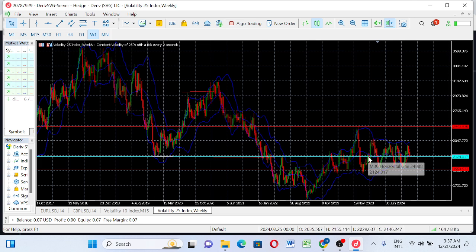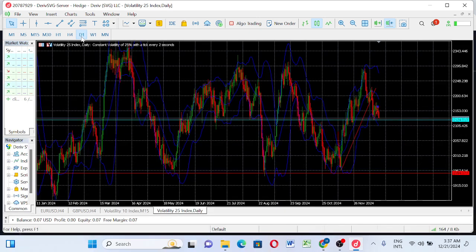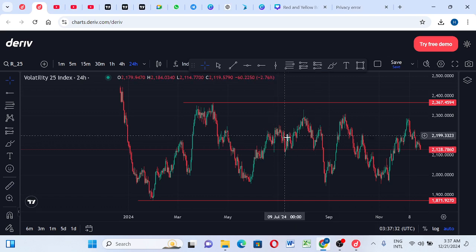So we can go down to the smaller time frame. We can still check the daily time frame, which tells us that we got a break of trend line, and our anticipation for this market is for it to clear this low, and then anything else can continue from there.